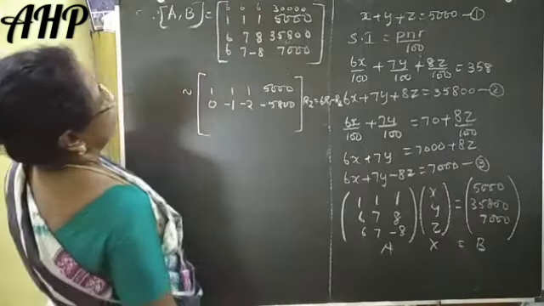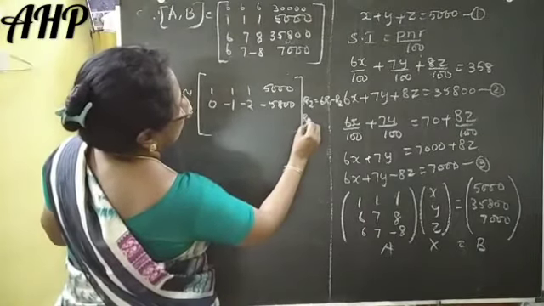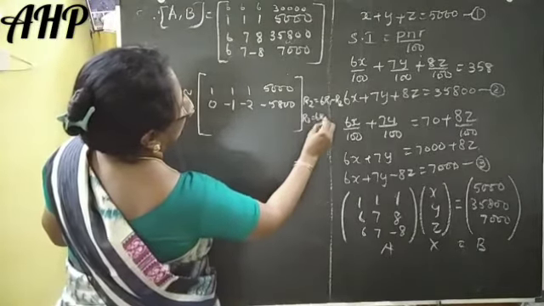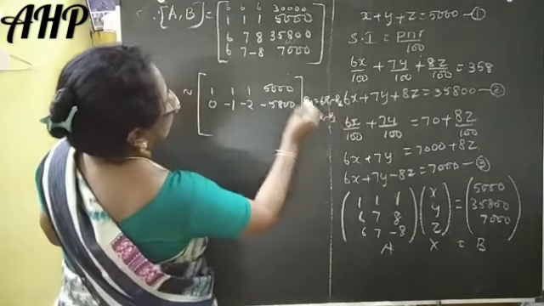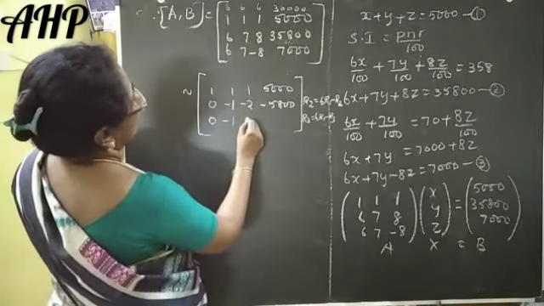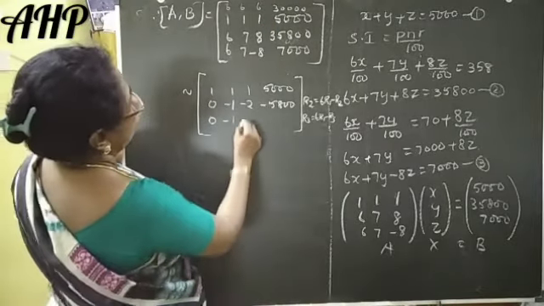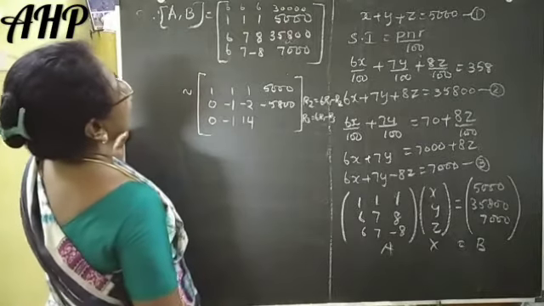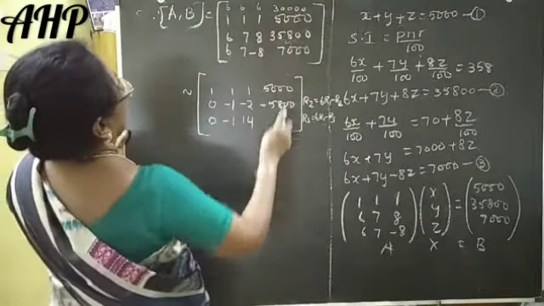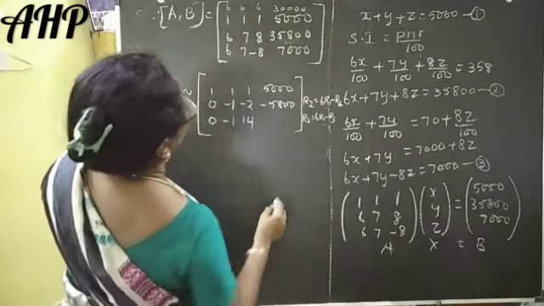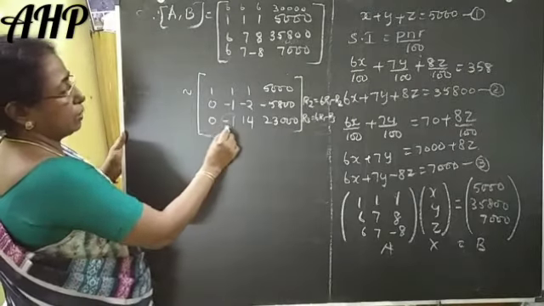The next line, we are supposed to make this 6 cancel. So R3 can be written as 6R1 minus R3. So 6 minus 6 is 0, 6 minus 7 is minus 1, 6 minus of minus 8 will become plus 14. Then 30,000 minus 7,000 will give you 23,000. Next, our aim is to make this element 0.